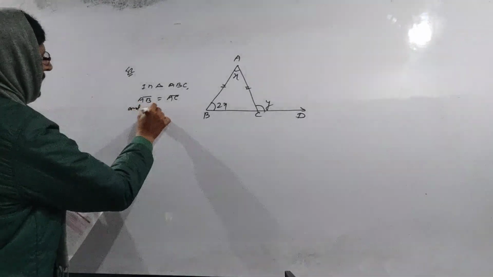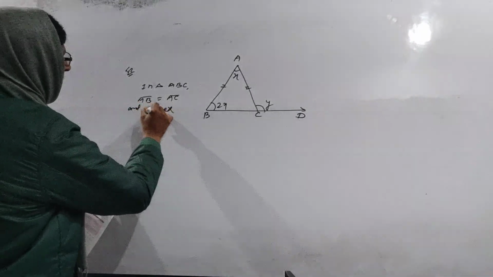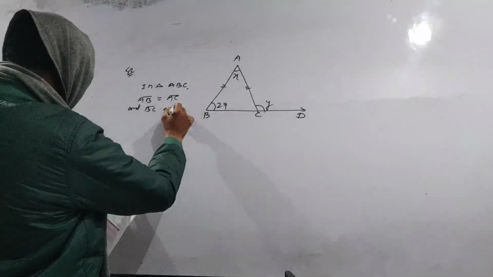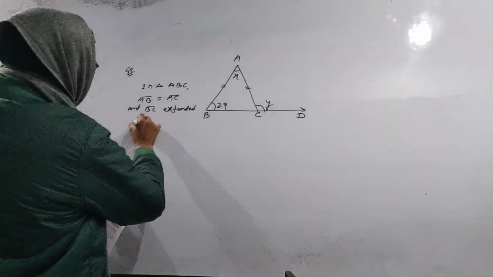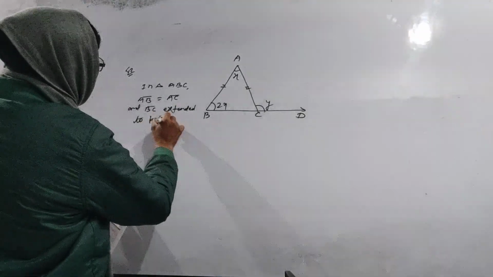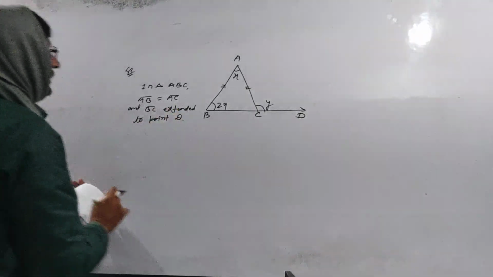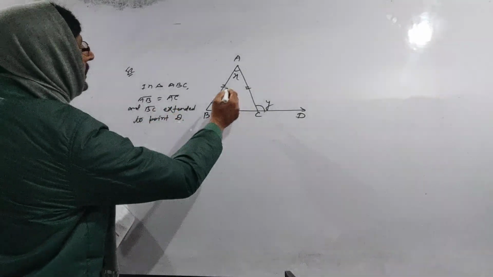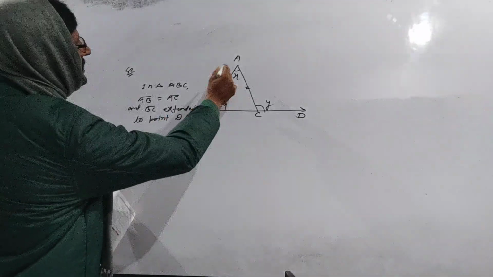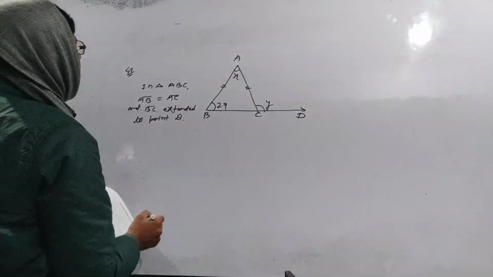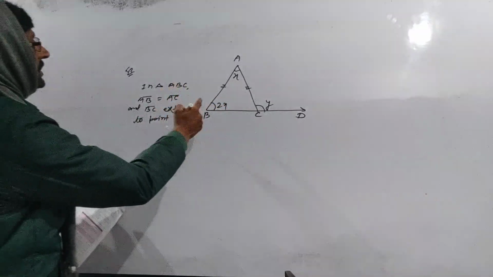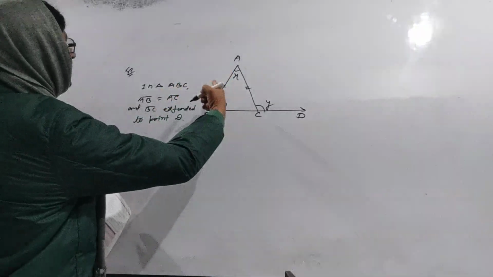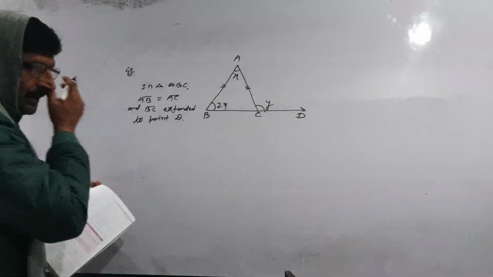BC extended to point D, right? So triangle ABC is an isosceles triangle because there are two sides equal.